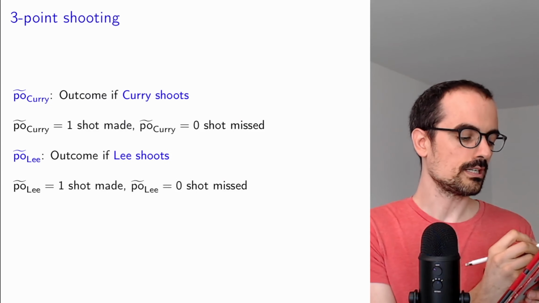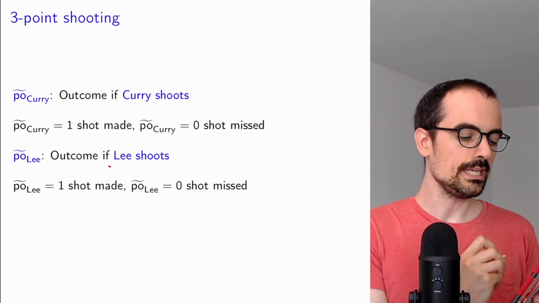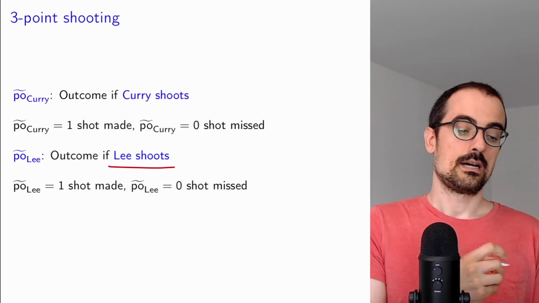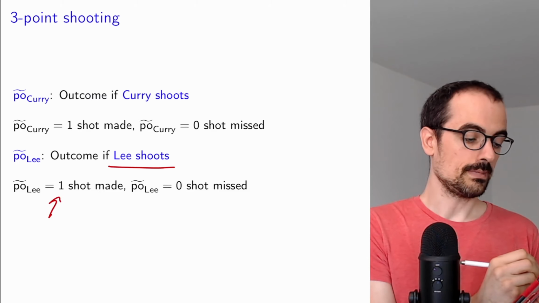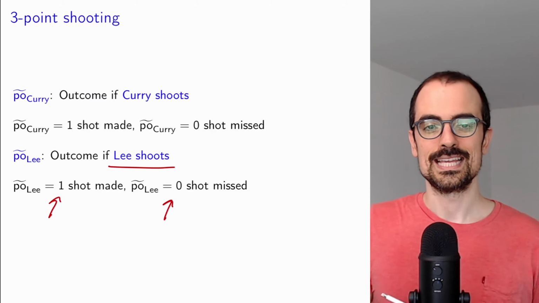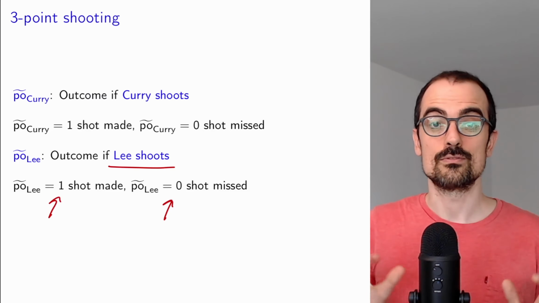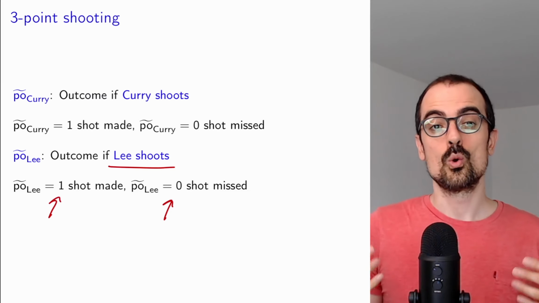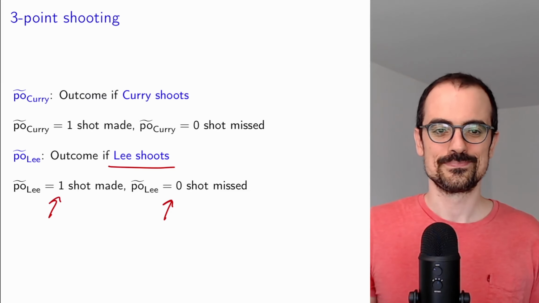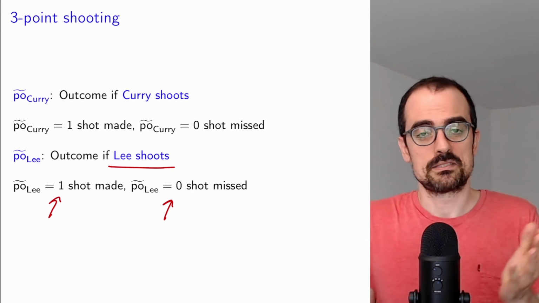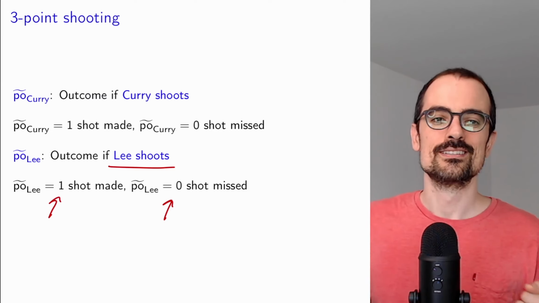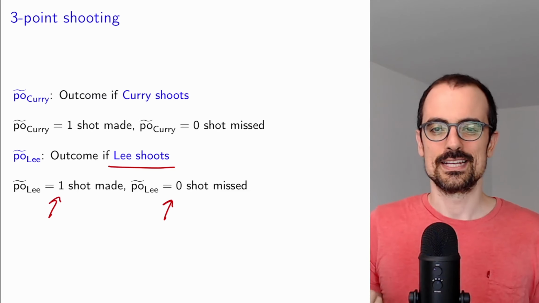The other potential outcome is the outcome associated to Lee. If Lee shoots, it's equal to 1 if the shot is made, 0 if the shot is missed. Importantly, these two possible potential outcomes are defined for every shot, regardless of who shoots the shot. And now let's talk about this reality analogy another time, because I think it's quite useful.